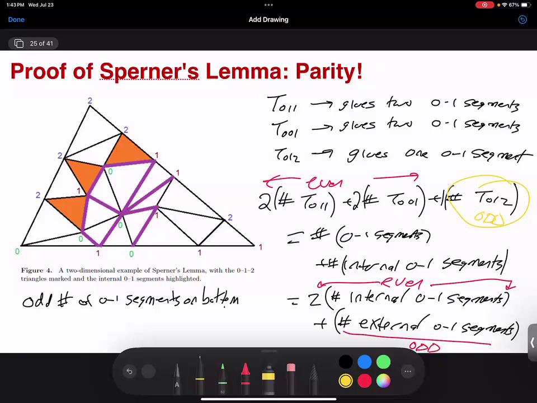So this is a nice way of showing that there has to be a 0-1-2 triangle, because I know that there's an odd number of 0-1 on the bottom and everything in the interior is double counted, so the number of 0-1 segments in this counting is going to be odd. And since these ones are each generating 2 0-1 segments each, and the 0-1-2 triangle is only generating 1, there must be an odd number of 0-1-2 triangles. Therefore, there has to be at least 1. And in fact, more than that, there has to be an odd number. So we actually proved more than we were initially thinking about.